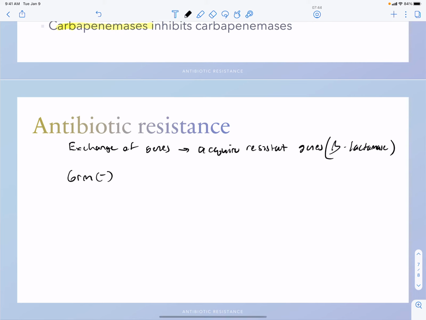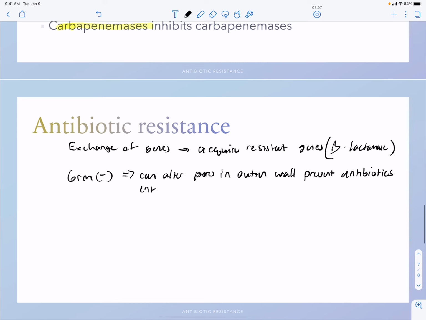They tend to be a little bit more antibiotic resistant because they can alter their pores in their outer cell wall. And they can prevent antibiotics from entering the inner membrane space.